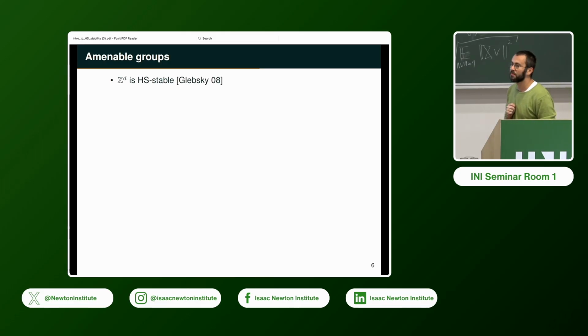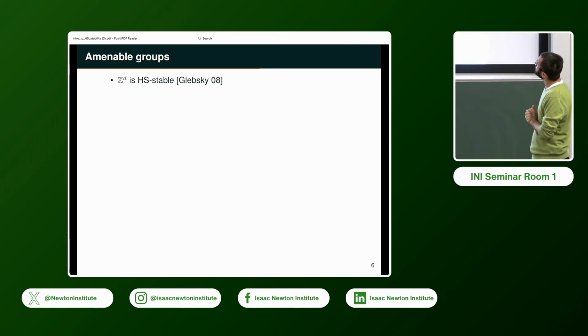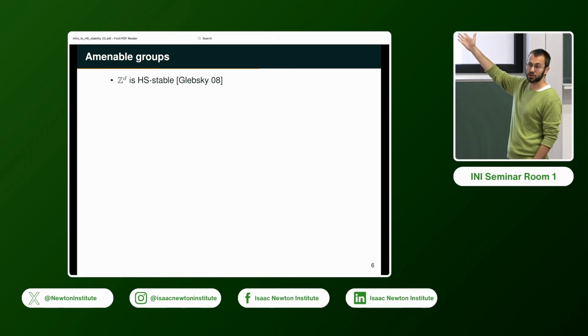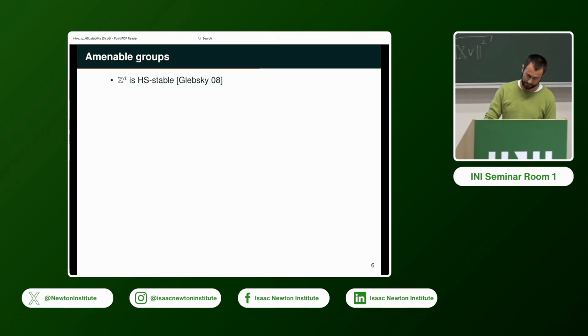So I'm going to split between amenable groups and non-amenable groups. As for amenable groups, we have the group Z to the D. This is Glebsky's result, which I mentioned before, that it is Hilbert-Schmidt stable. That is, almost commuting matrices are close to commuting matrices.